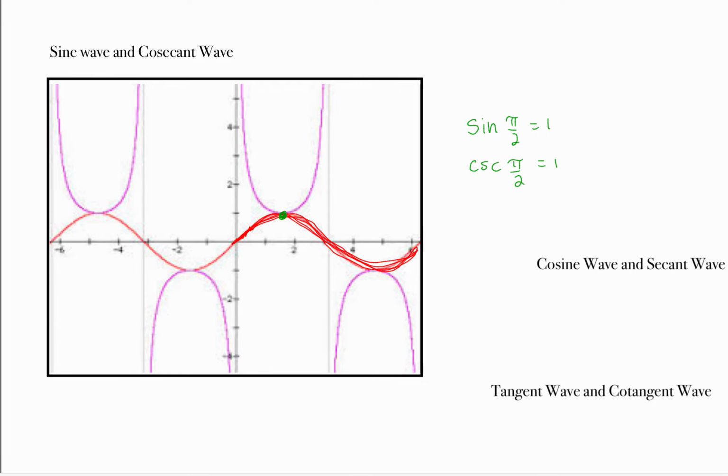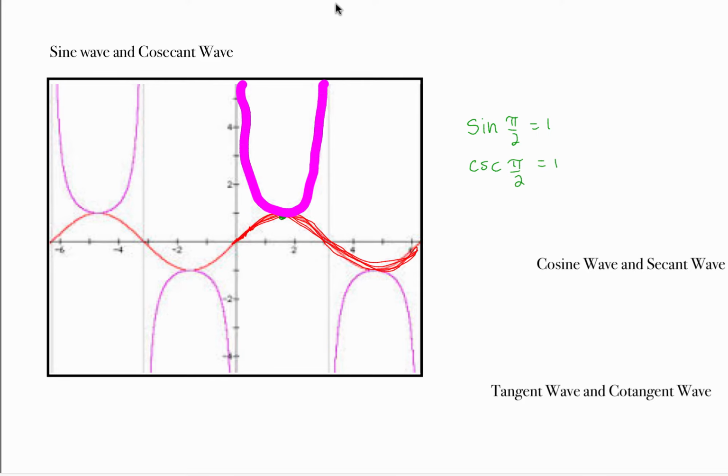But notice here, the cosecant wave is a pink U. Think about it. If a sine is a hill followed by a valley, when we flip it, it'd be a valley followed by a hill. And that's exactly what happens here.